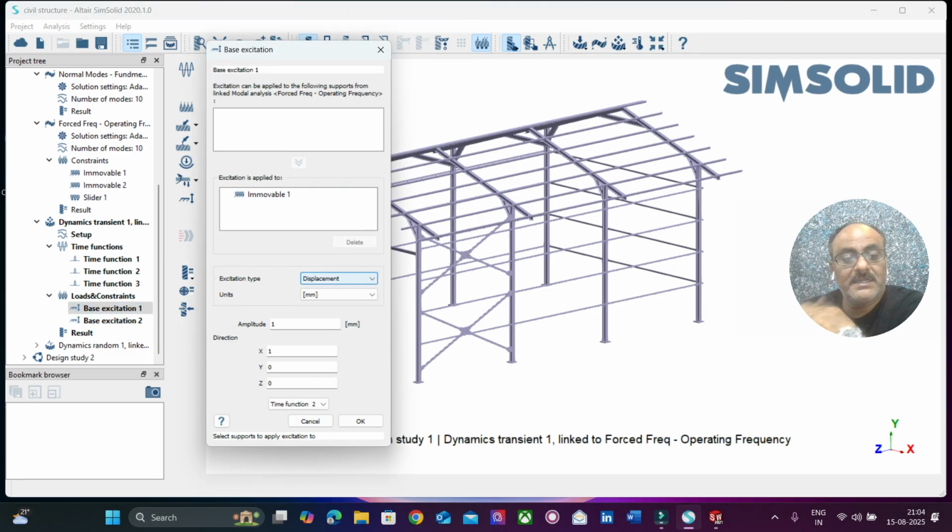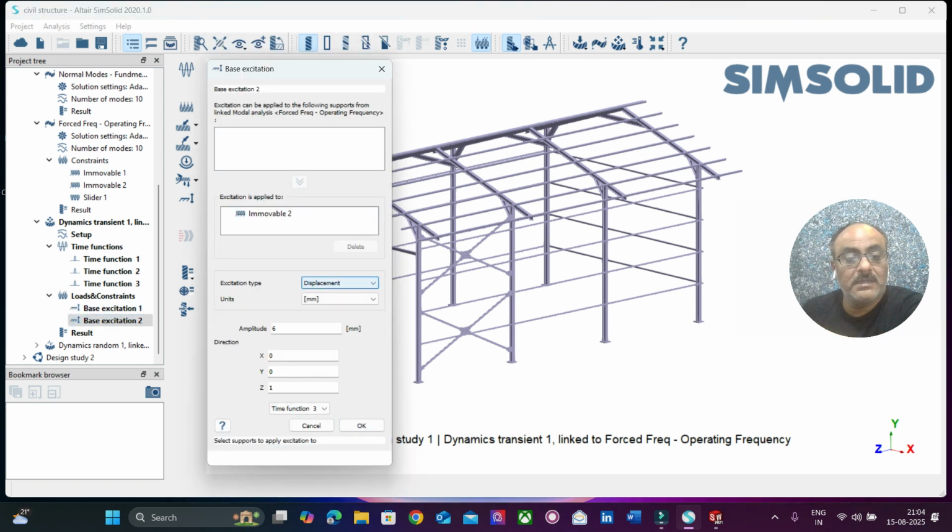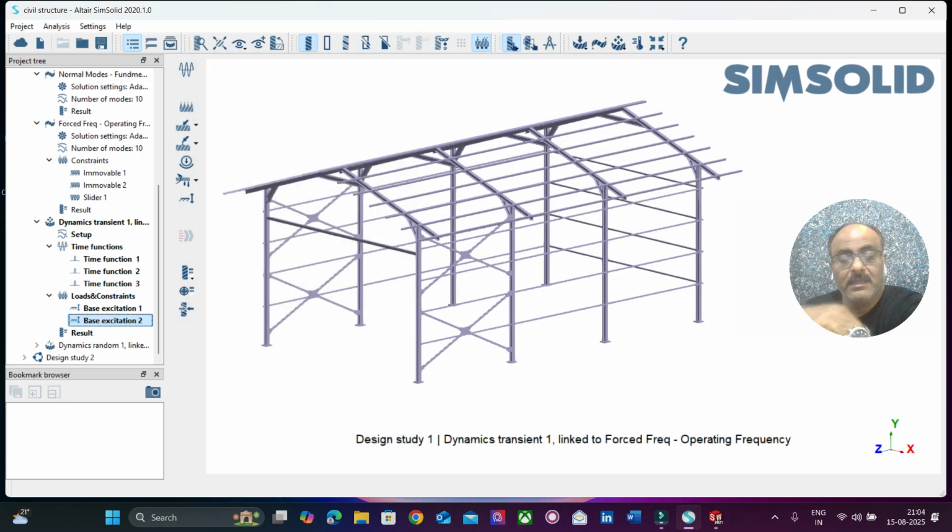Once the excitations are given in terms of impulse, one excitation is a displacement, applied in terms of amplitude, and the other is again a displacement with an amplitude. We can specify whether it's a displacement or an acceleration. Whatever kind of loading we give will be applied for that particular quantum of time, in the form of a half sine impulse.